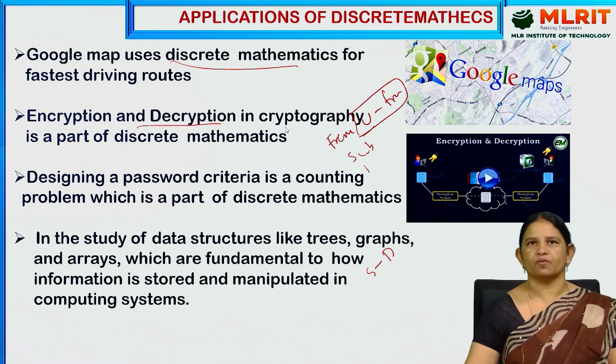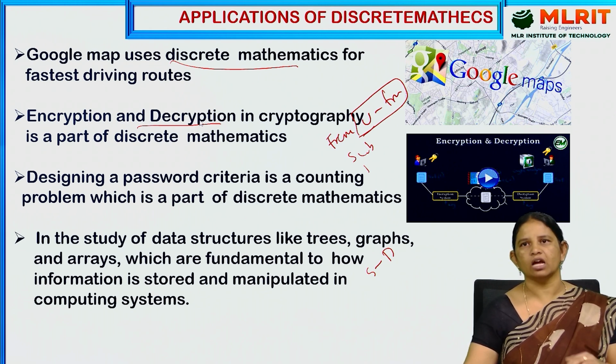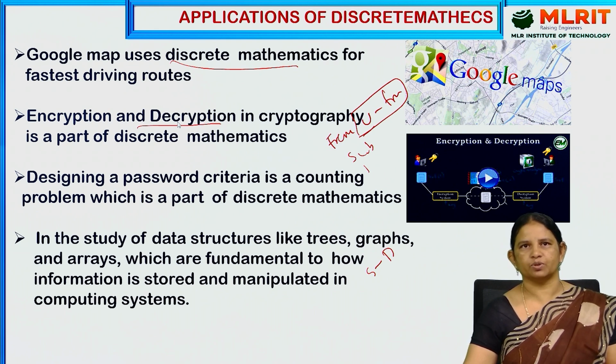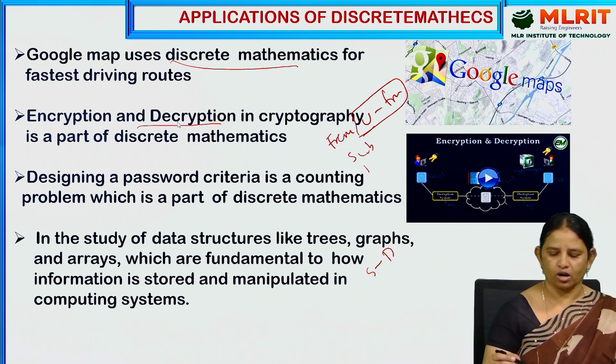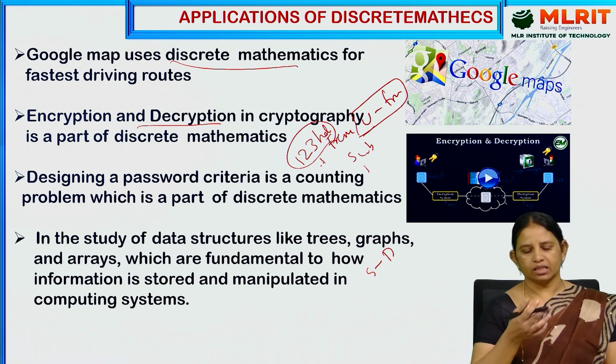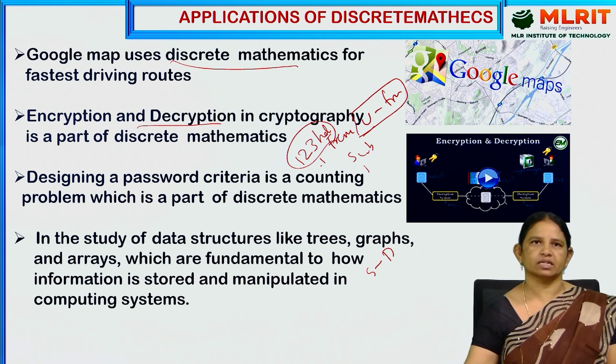In cryptography, we can do encryption and decryption. Decryption means retrieving the original text at the receiver side. There are different types of formats we can use. Suppose you send 1, 2, 3, hello. This message will be encrypted by using different combinations. The different combinations and permutations are present in discrete mathematics.